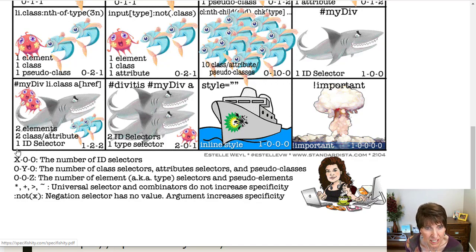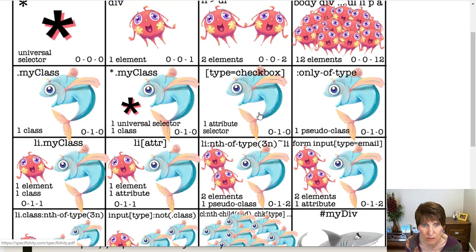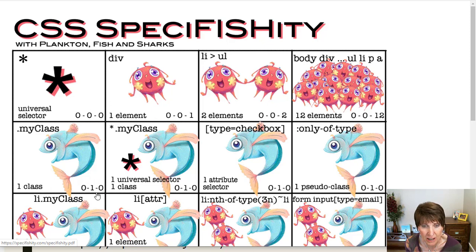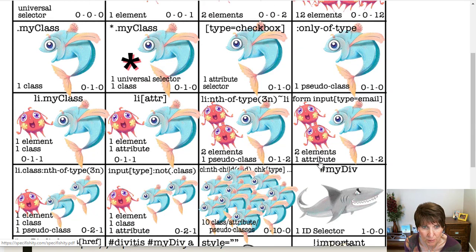So let's pay attention to these 3 numbers and see how it grows. Here, ones that are counted in the classes are in that second number. And here, the universal one, again, doesn't add anything. This one is an attribute selector where type is equal to checkbox, and that gets a 1 in that second number. And here's a pseudo class that gets a count in the second number.